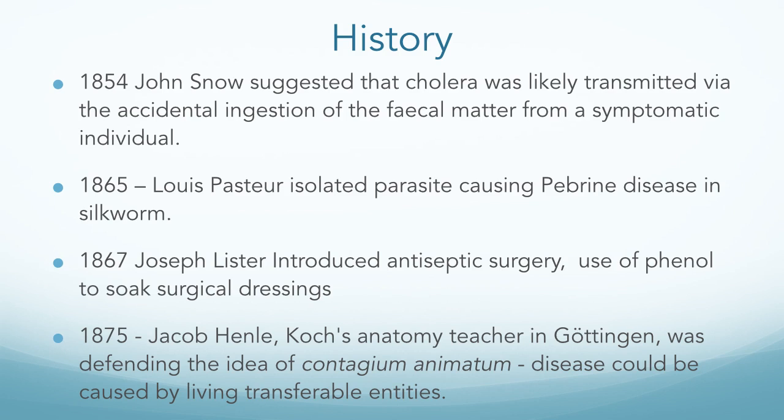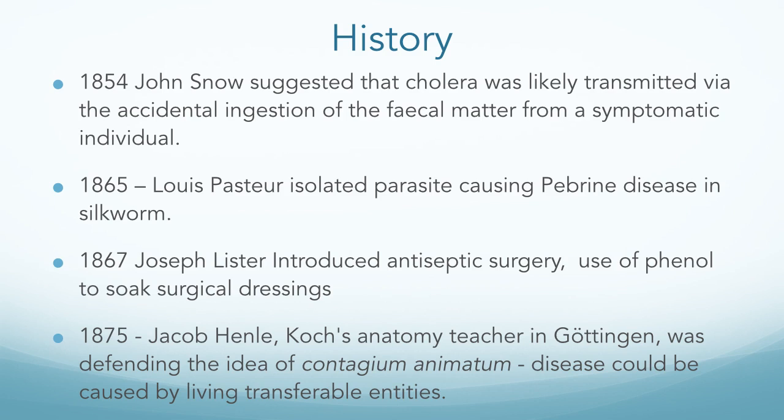In 1867, Joseph Lister, a British surgeon, introduced antiseptic surgery by the use of phenol to soak the surgical dressing. This conquest of wound infection was his great contribution in the field of microbiology and medicine.